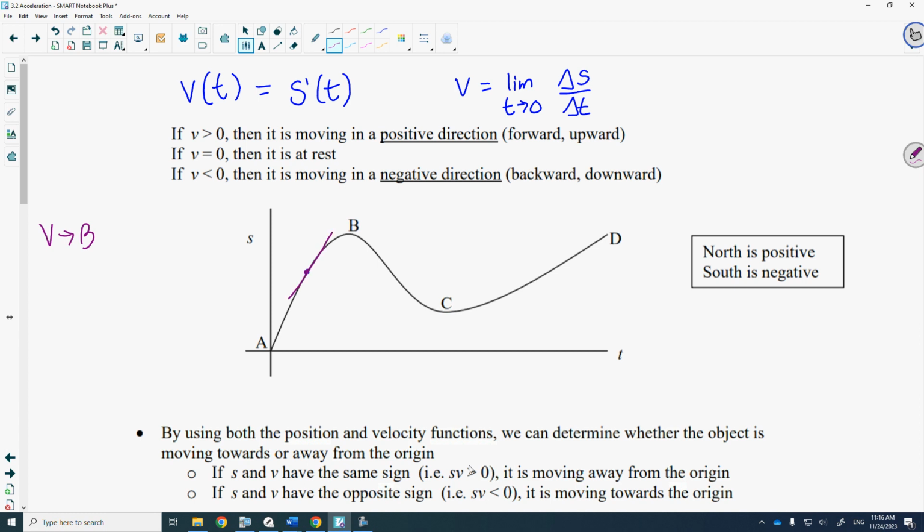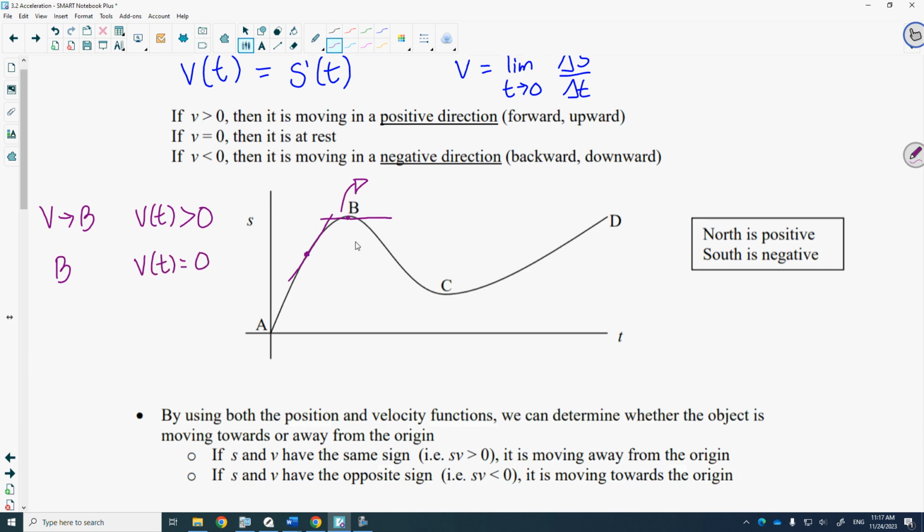So if we drew a tangent line at that point there, this slope is a positive slope, so v of t is greater than 0. What's happening at point B? At point B, if we draw a tangent line, remember that the slope of the tangent gives you the velocity. So at point B, v of t is equal to 0. That's when the object's at rest and it's going to change position.